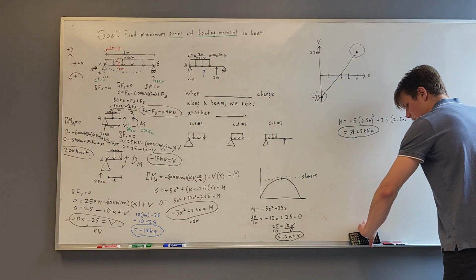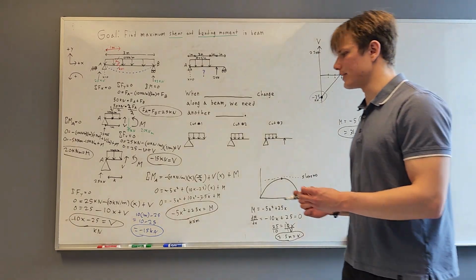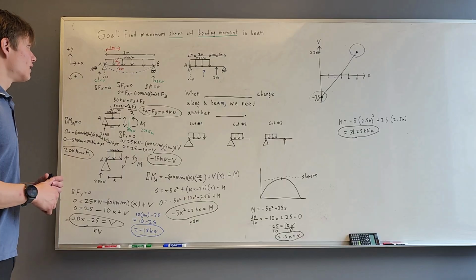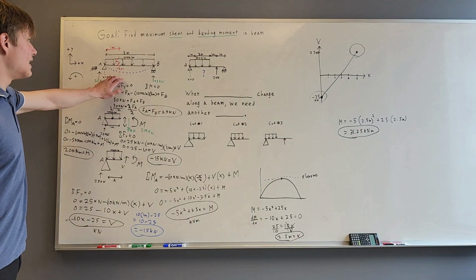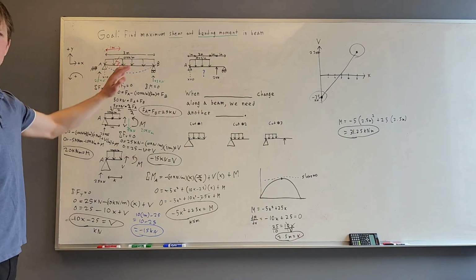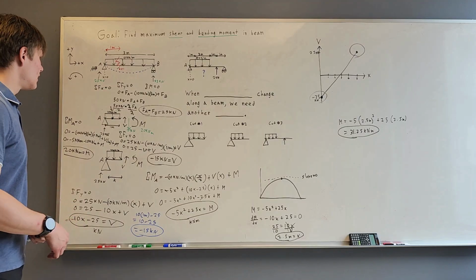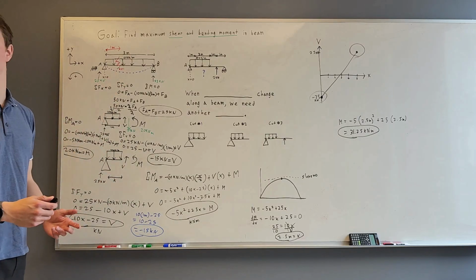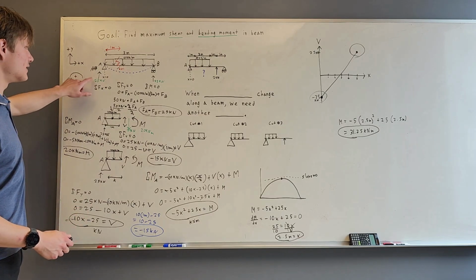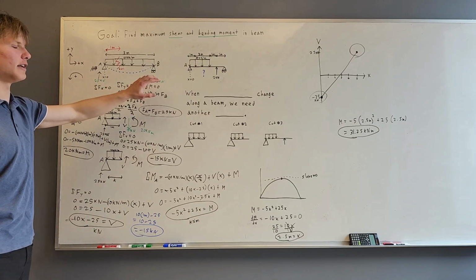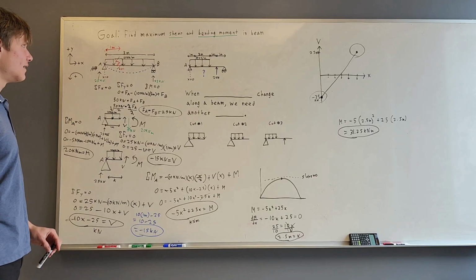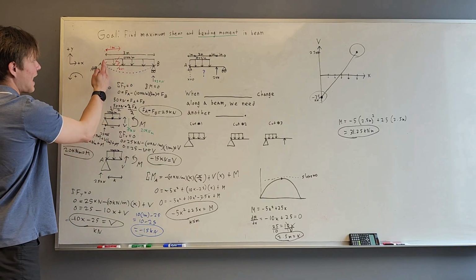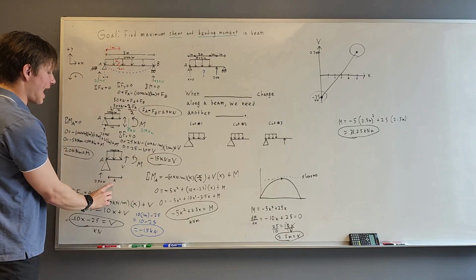And so now, to summarize how we went through this process, the main things I want you to remember is that when you're given a free body diagram of some loading condition, the first step is always getting the support reactions. And we started doing that by finding 25 kilonewtons on support A and 25 kilonewtons on support B. Then the next step was to take an arbitrary cut at a distance which we called x.